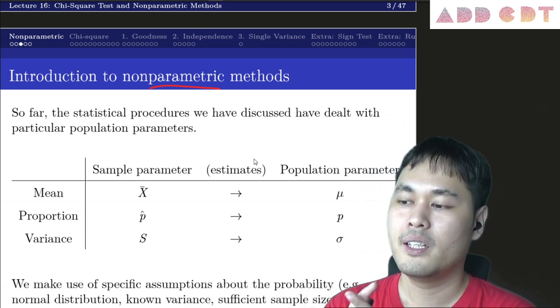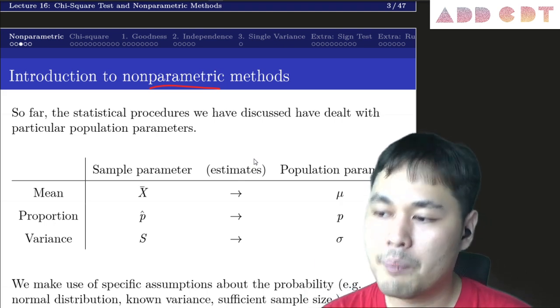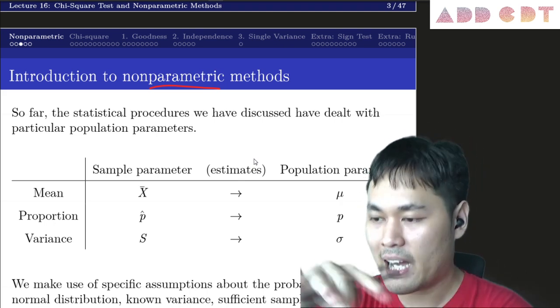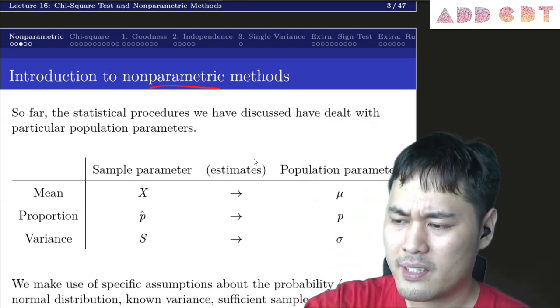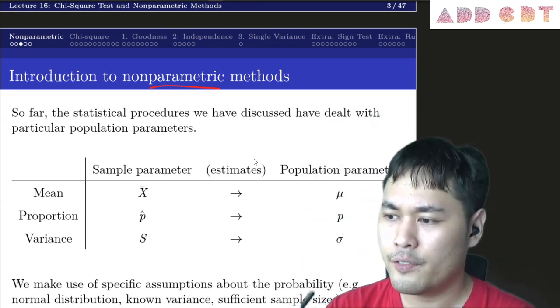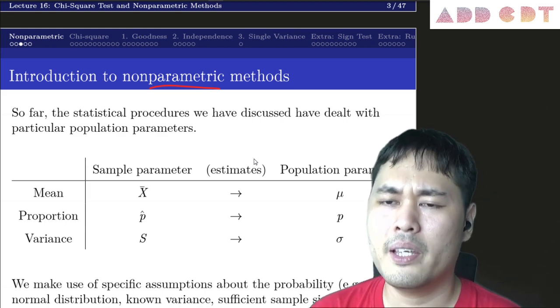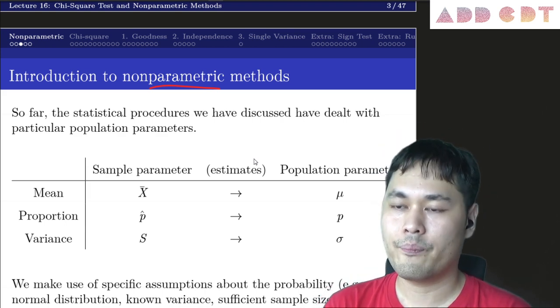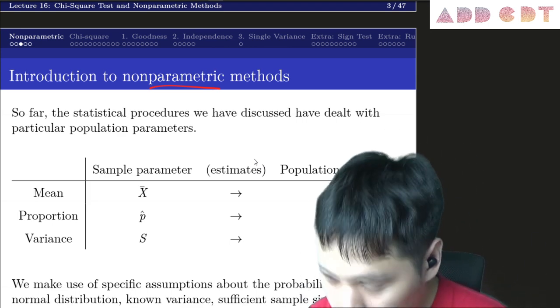You can get a mean, that's easy: just sum everything up and divide it by n. We can get a proportion: just count how many of the things we want to look at and divide it by the size of the whole sample. We have the variance. It is a little bit more complicated, but again, from your data you get a single number s.